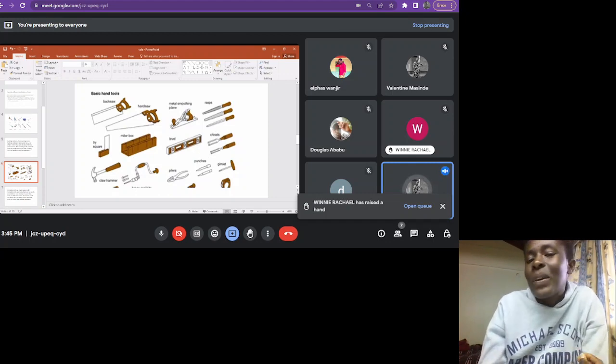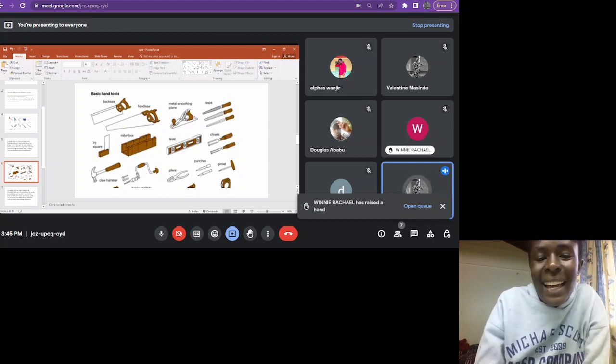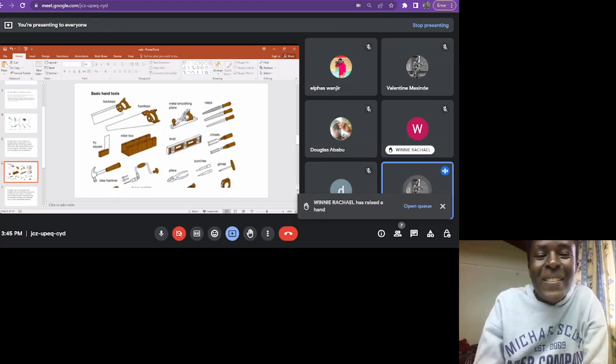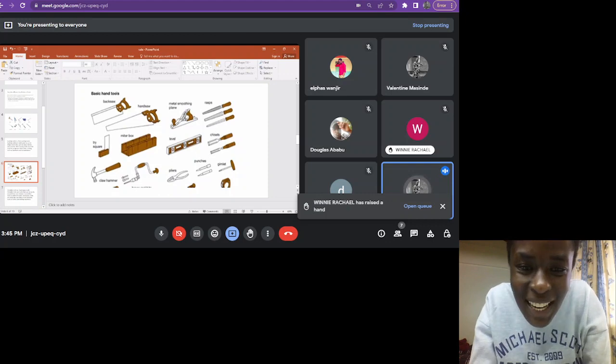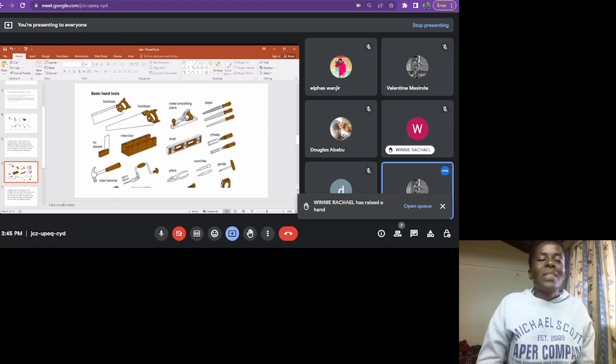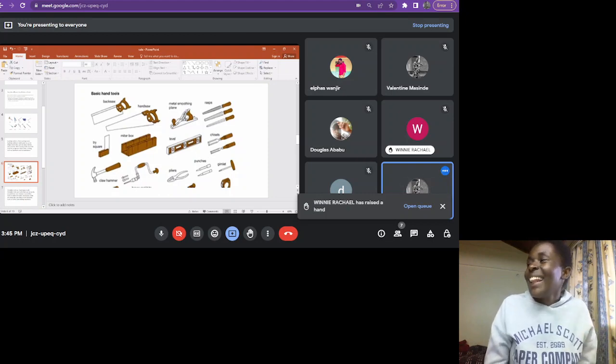So I have a question. What's the difference between a handsaw and a backsaw? Any trial? Anyone to try the difference between a handsaw and a backsaw? Who can try?